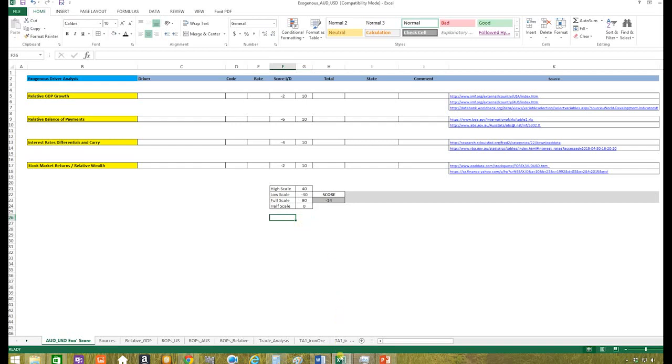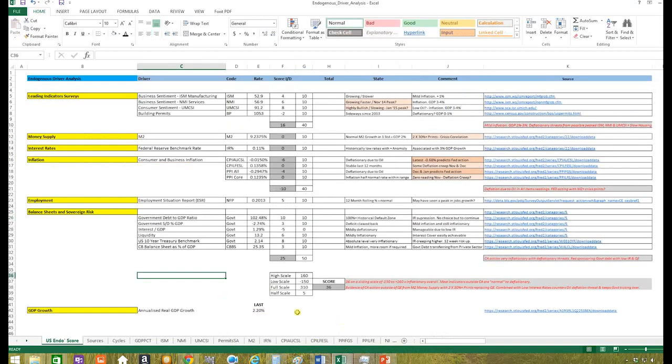Now, if we go over to our endogenous driver analysis from earlier on in the video series for the US dollar, as a reminder, we have a full scale of 310 points for the US dollar, with a high on the scale of 160, a low on the scale of -150, and a half scale, equidistant between the high and the low, of 5.